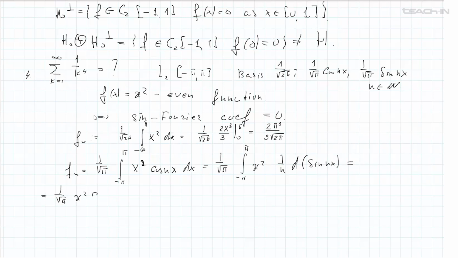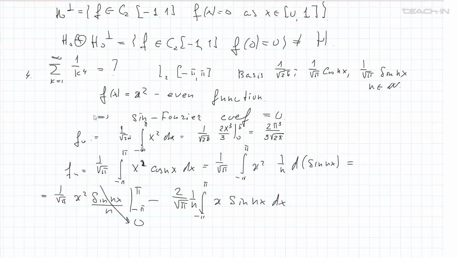X square sine nx over n in limits minus pi to pi, minus 2 over n, integral of x sine nx. So check please by calculation. Sine nx in the limits pi is 0, so it is 0.